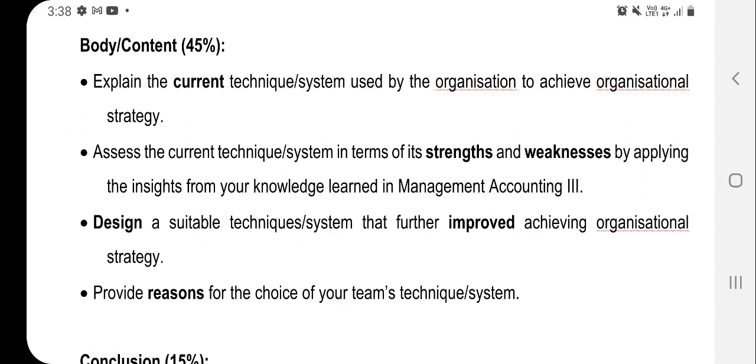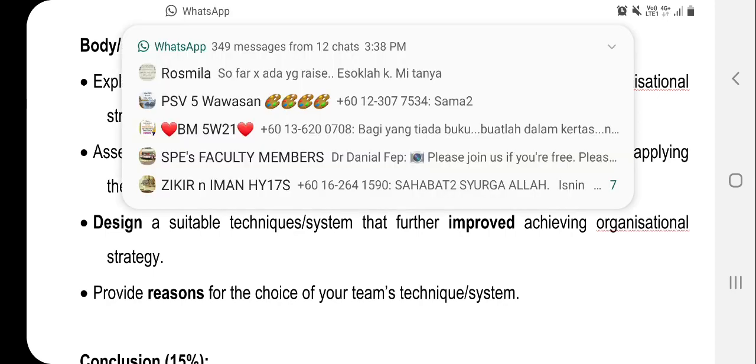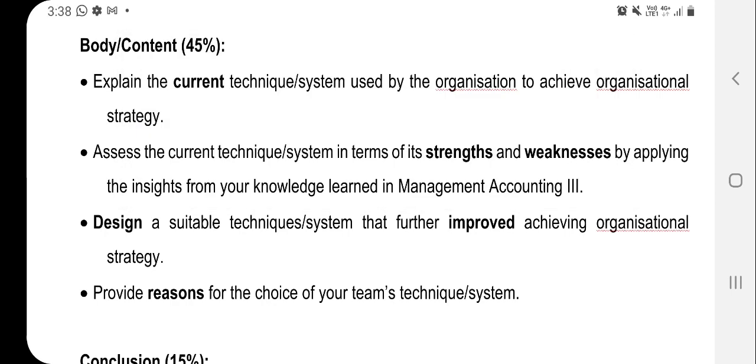Or you can suggest that more application of ABC should be implemented in the business. Not only about costing, the business also can apply or use an activity-based costing management system.